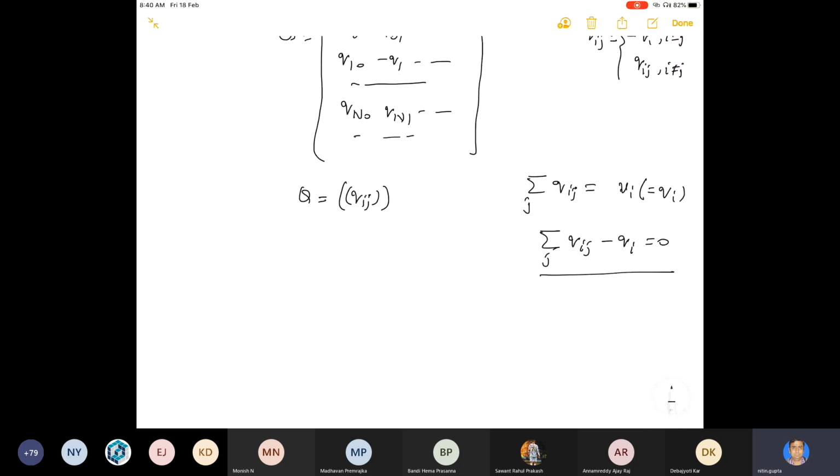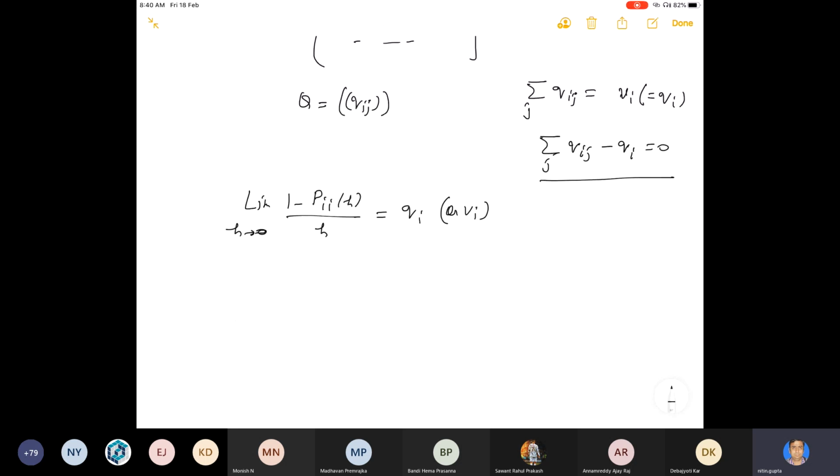Okay, now we know by the lemma star that limit as h goes to 0 of 1 minus Pii(h) upon h is Qi or Vi basically, and also limit as h goes to 0 of Pij(h) upon h is Qij, i is not equal to j.